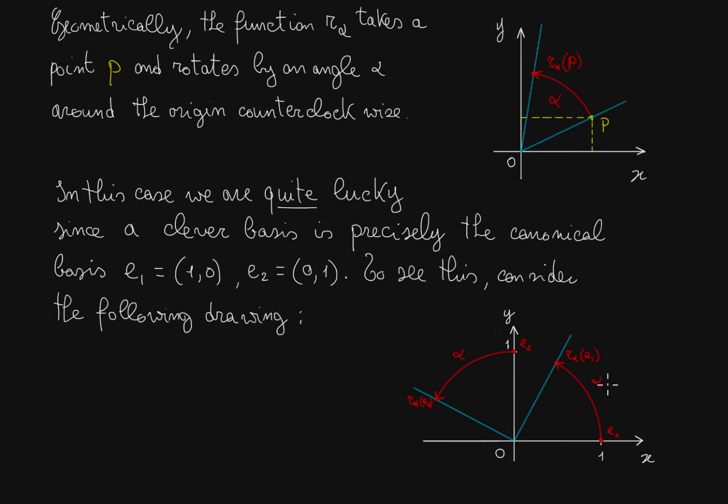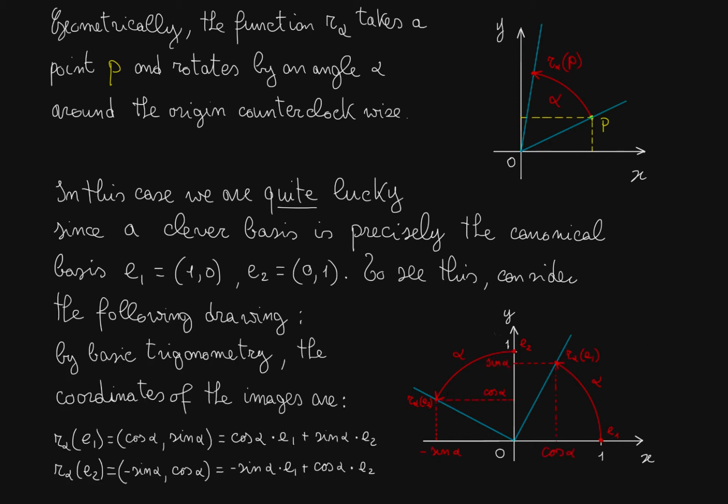If we rotate it by an angle alpha counterclockwise, we will be getting this dot pictured on this ray, and similarly E2 is on the y-axis at distance 1 from the origin, and if we rotate by an angle alpha counterclockwise, we will be getting this point on this new ray, which is orthogonal to the previous one. What are the coordinates of the images of E1 and E2? This is just basic trigonometry.